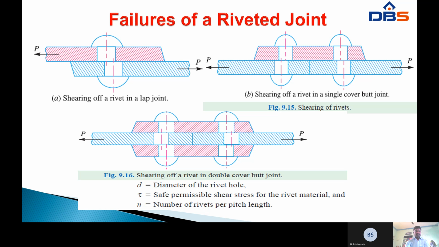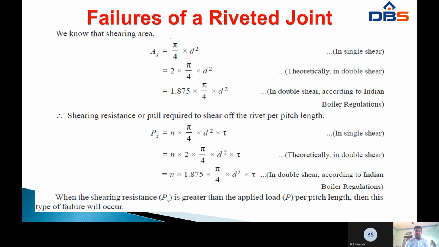We know that the shearing area A is equal to pi by 4 into d square in single shear, 2 into pi by 4 into d square theoretically in double shear, and 1.875 into pi by 4 into d square in double shear according to Indian Boiler Regulations.